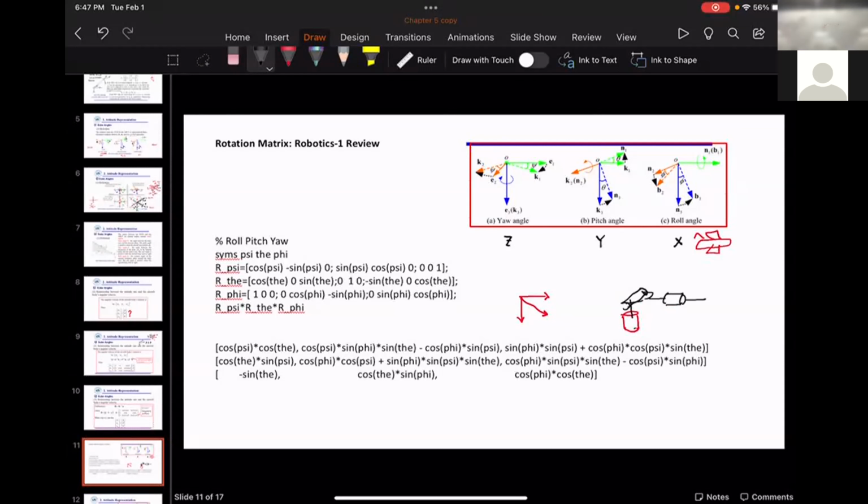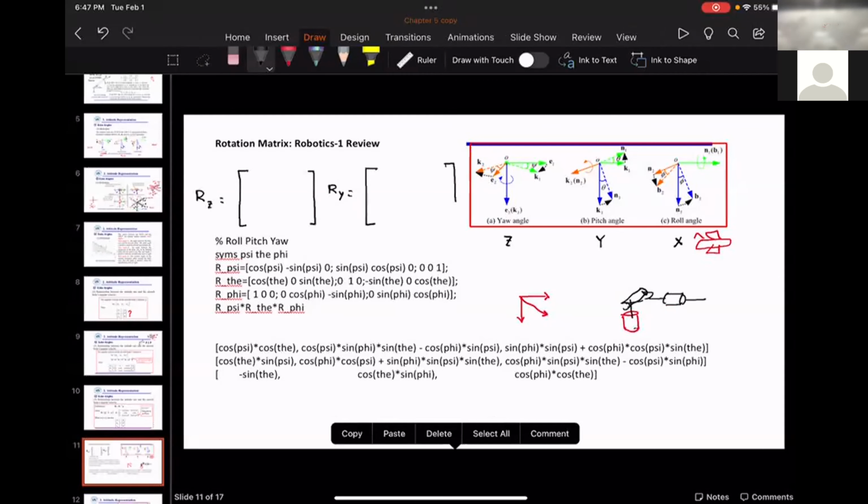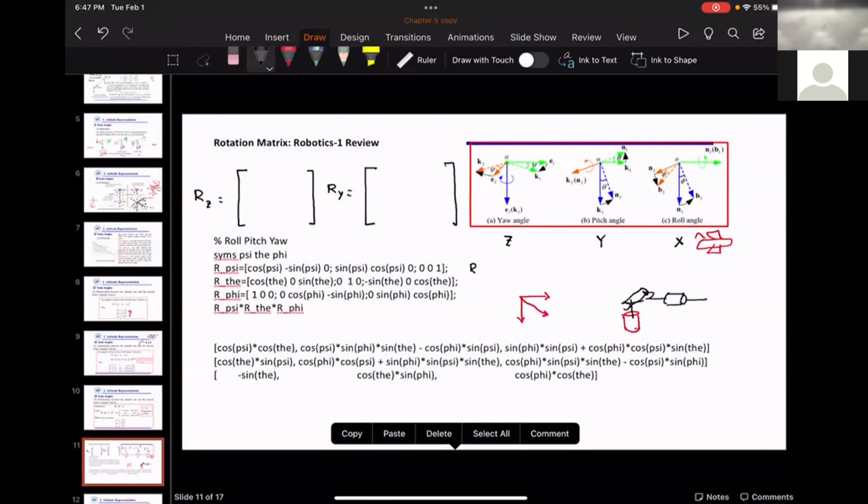Now, I want you to tell me the rotation matrices when you have a rotation about z, when you have the rotation about y, and when you have rotation about x.